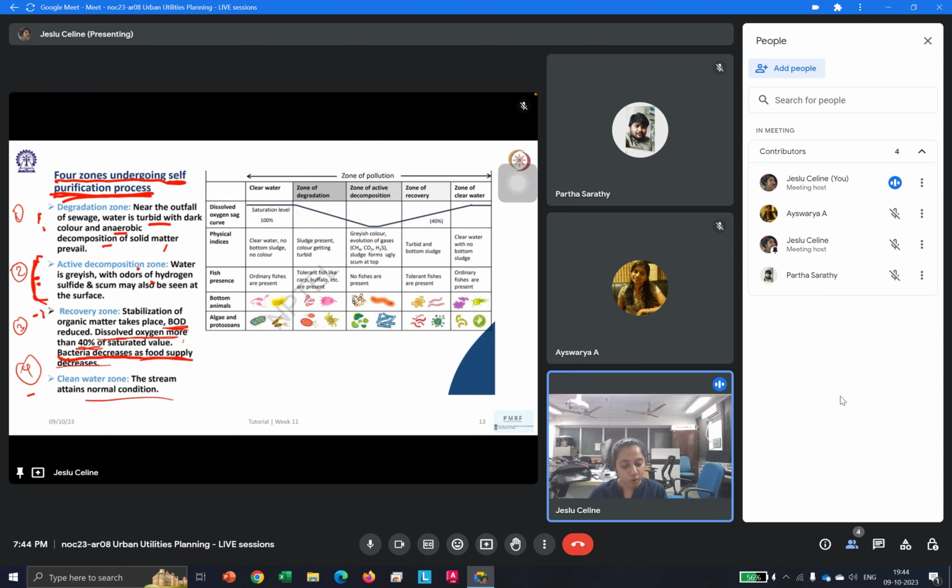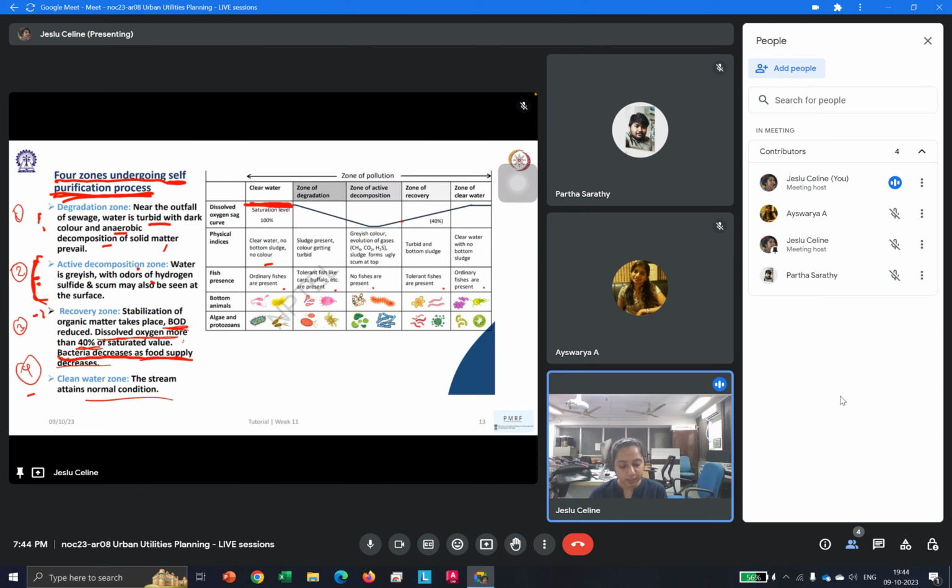So all the physical conditions and the living organisms present in these different zones are shown in this figure. Let's focus on the oxygen content, because that's what the question asks for. In the clear water zone, you have 100% dissolved oxygen.